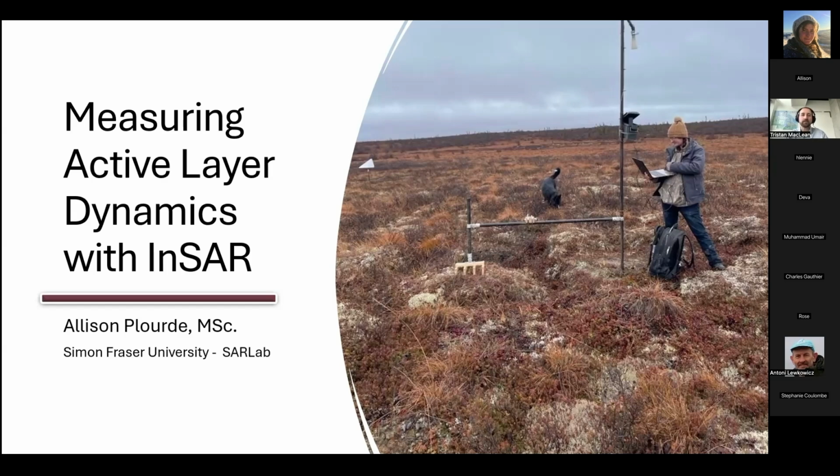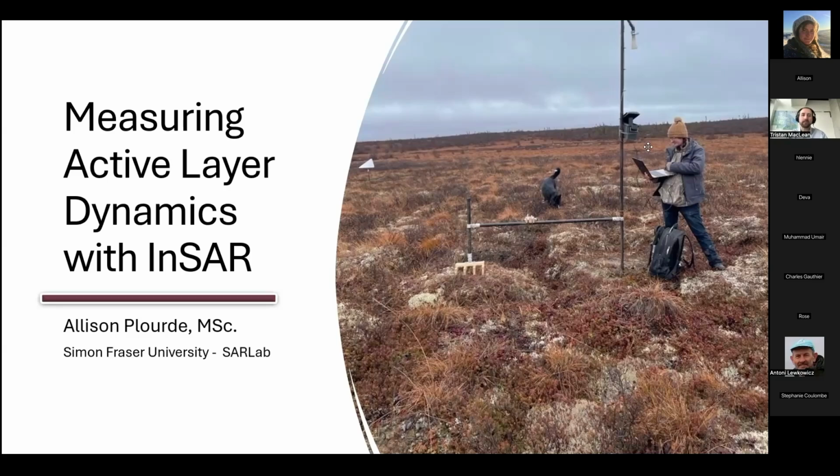Her research focuses on measuring permafrost surface dynamics using advanced InSAR techniques, with a primary study area in Inuvik in the Northwest Territories. Standard InSAR methods are often limited to summer acquisitions due to the refractive effects of snow on the InSAR phase. Under the supervision of Dr. Bernard Rebus, Allison has been developing methods to measure surface dynamics and long-term subsistence trends year-round.